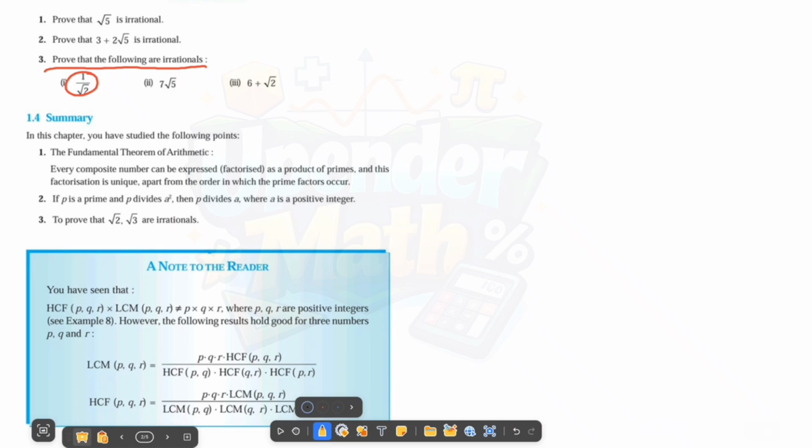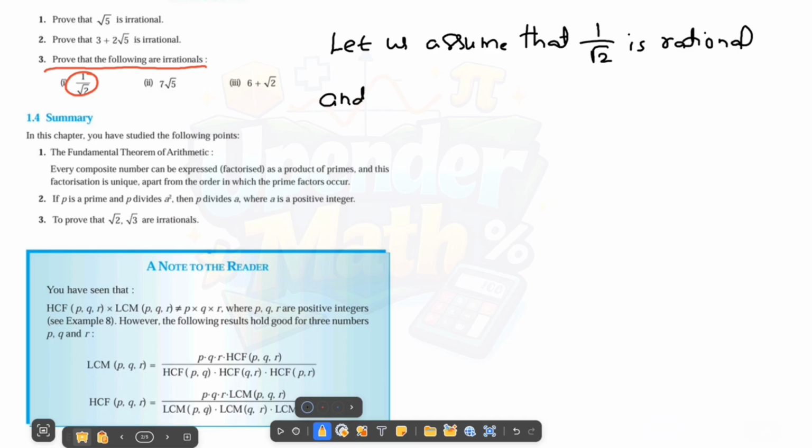Let us assume that 1 by root 2 is a rational number and it is equal to some a by b, where a and b are co-primes.